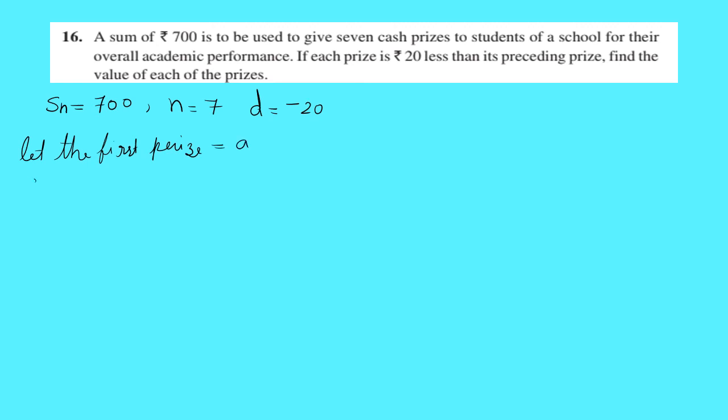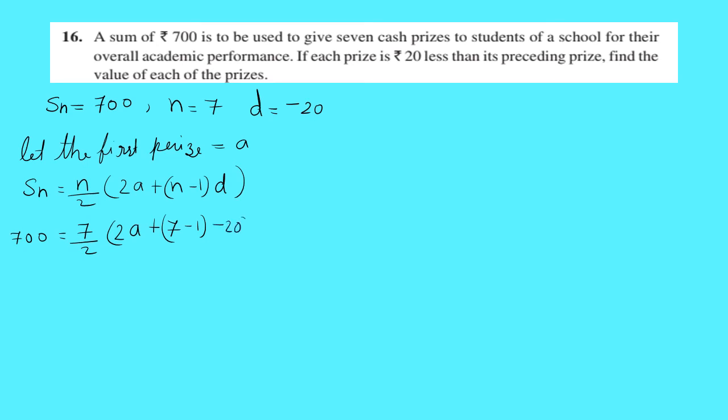And we already know that Sn equal to n upon 2 multiplied by 2a plus n minus 1 into d. That is, 700 equal to 7 upon 2 multiplied by 2 multiplied by a, a we don't know, plus 7 minus 1 multiplied by d, which is minus 20.